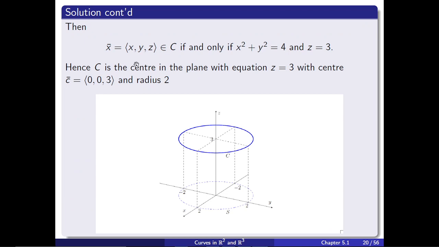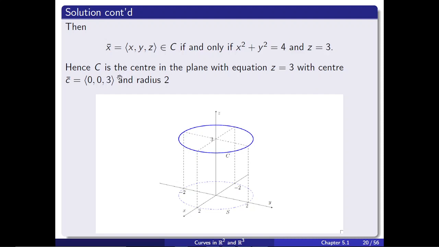Right, and what does that mean? That means that X is in C if and only if X squared plus Y squared is equal to 4. So that is giving us our circle, and then Z is always equal to 3, right?